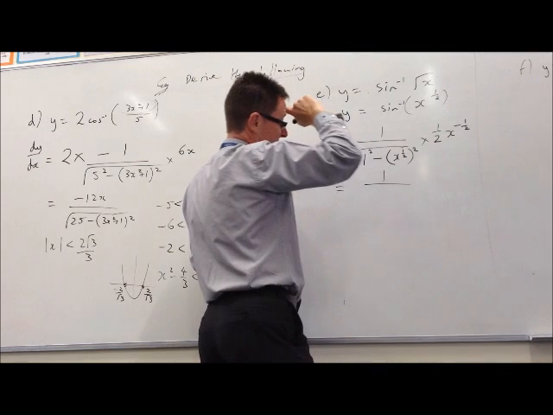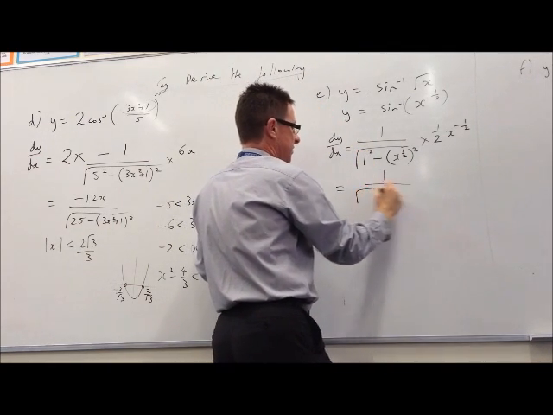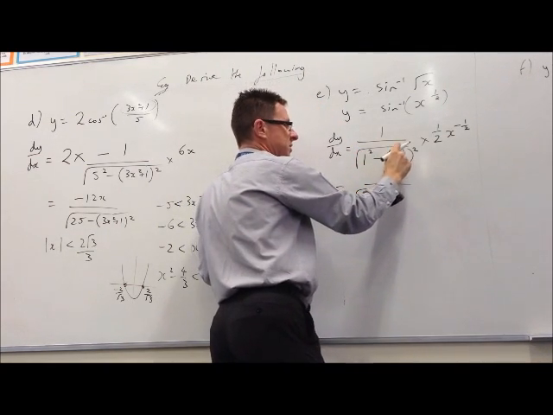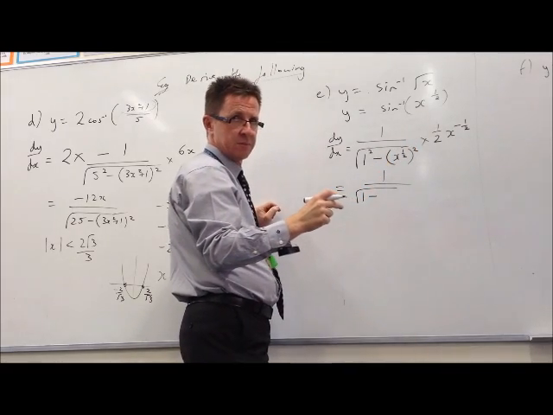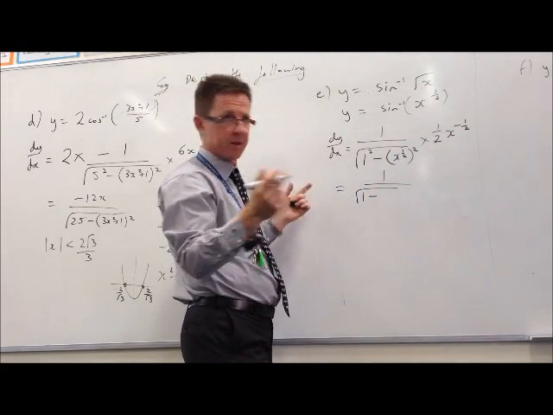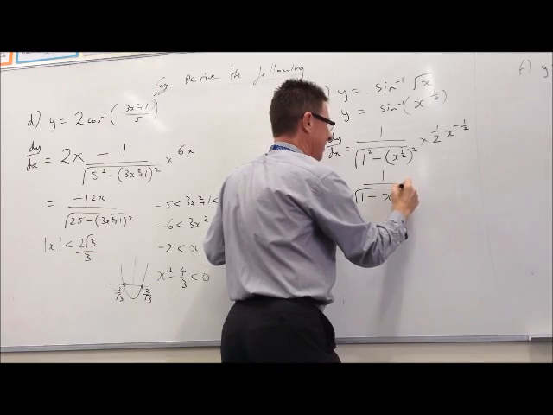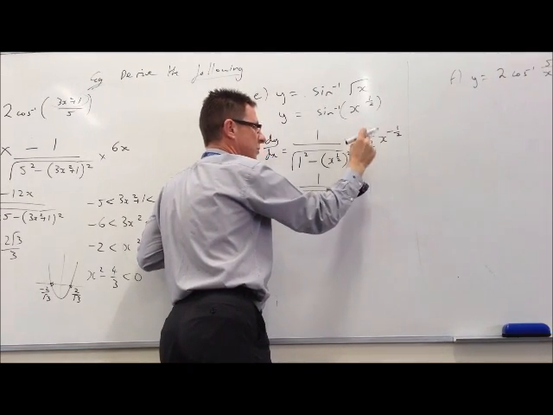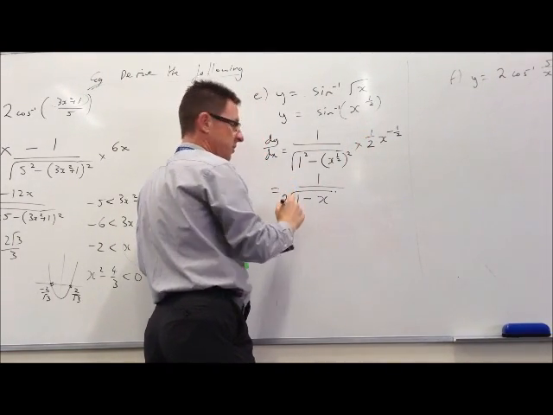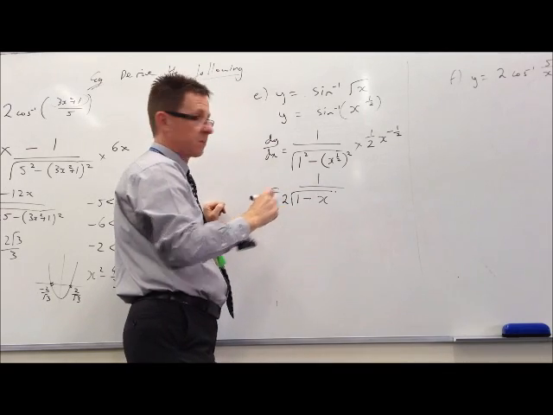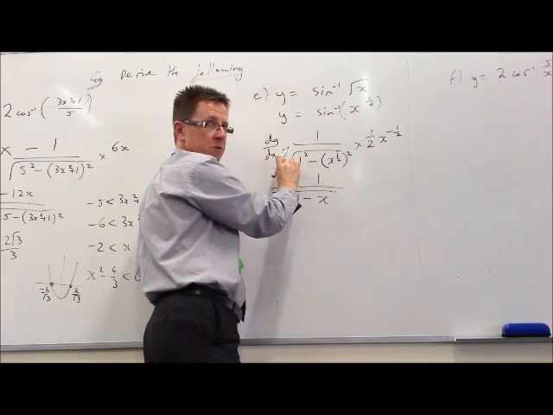1 over root 1 minus x to the half squared, x. 1 over 2. The 2 goes down to the bottom, because that 2 is really on the denominator.